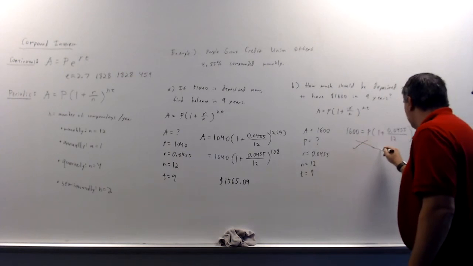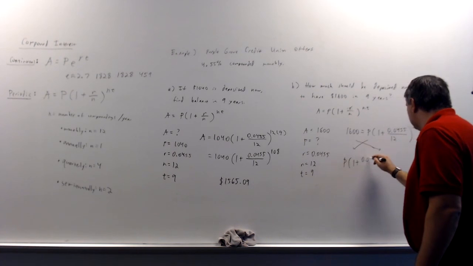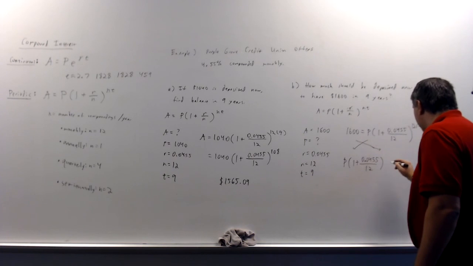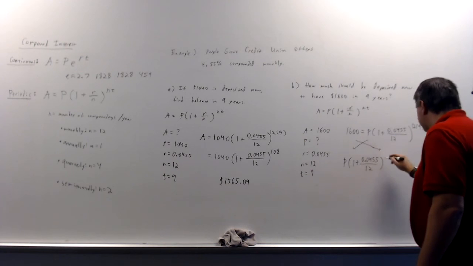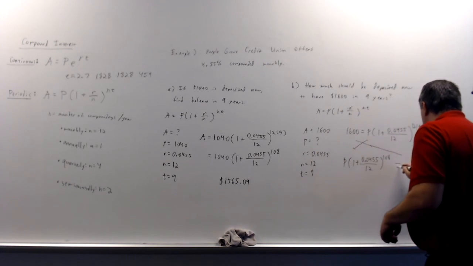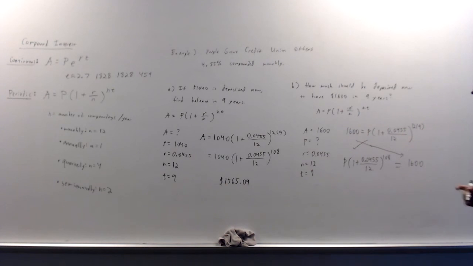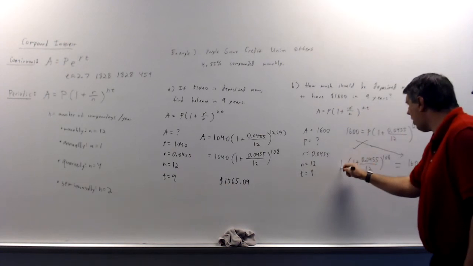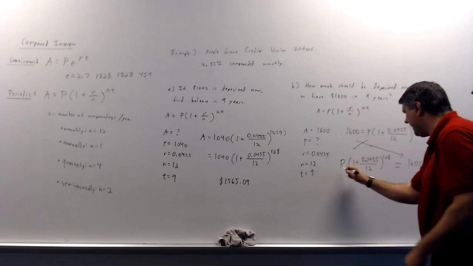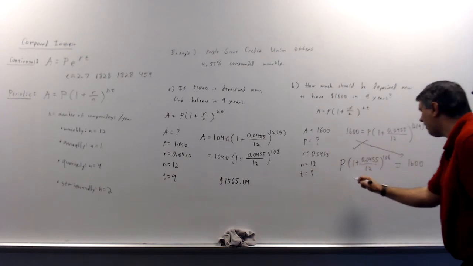So P times 1 plus 0.0455 over 12, that's 108, equals 1600. My dream is to divide this off, because I've got P times a whole bunch of stuff. So I'm going to divide off that whole bunch of stuff.